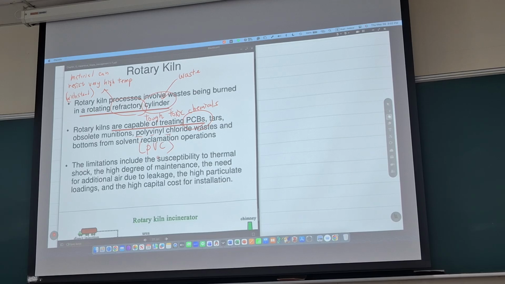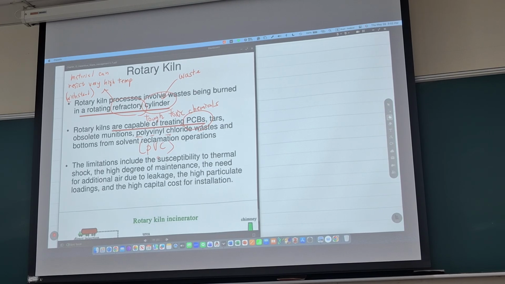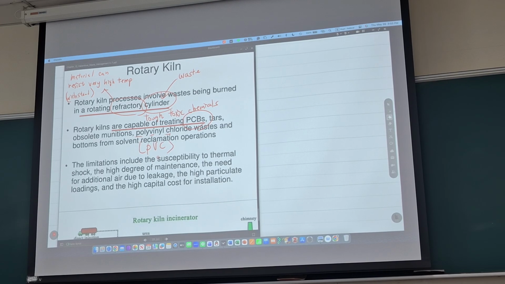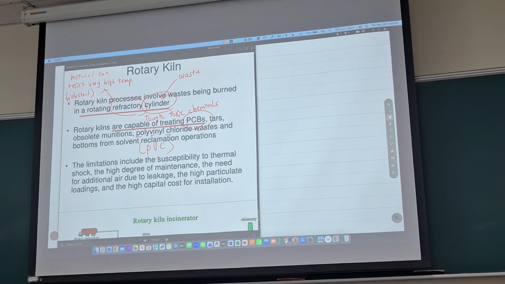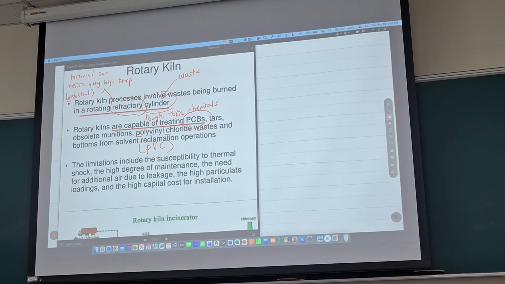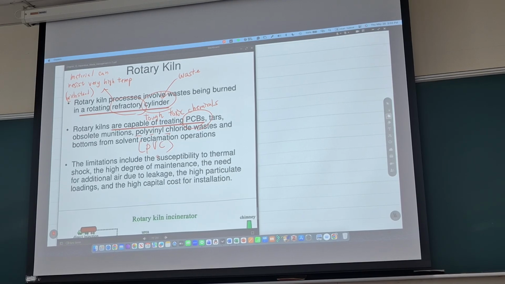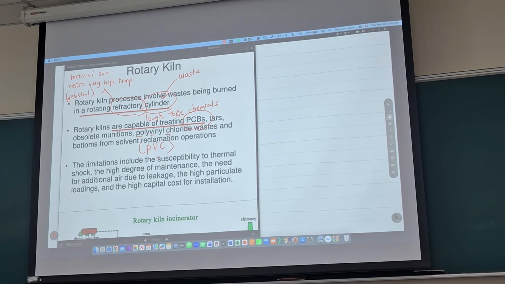So although the rotary kiln only occupies less than 10%, this kind of incinerator is good for handling tough, difficult, toxic chemicals such as PCBs, such as PVC.